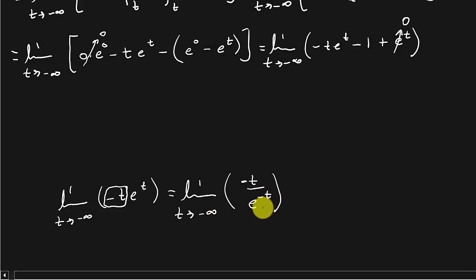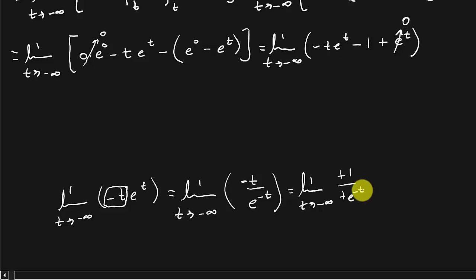So that allows us to use L'Hopital's rule. So that's going to be the limit as t goes to -infinity of -1 over -e to the -t. And the negative over negative makes a positive. And what happens? Well, the denominator's getting larger and larger. That's a negative in front of the t.